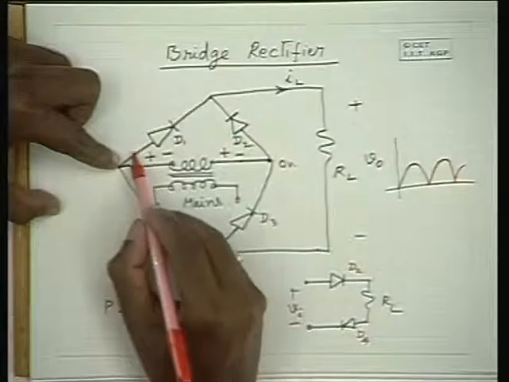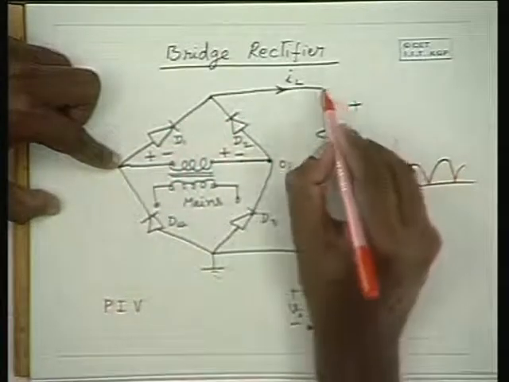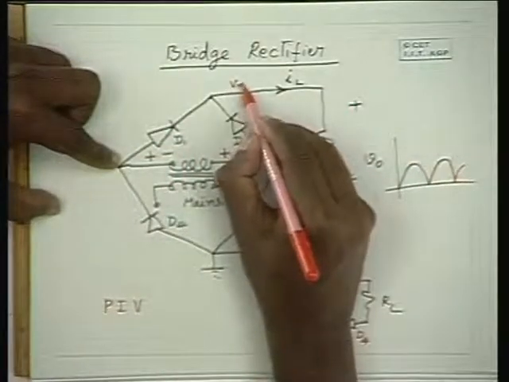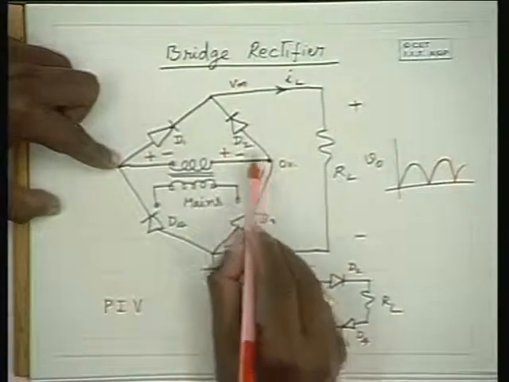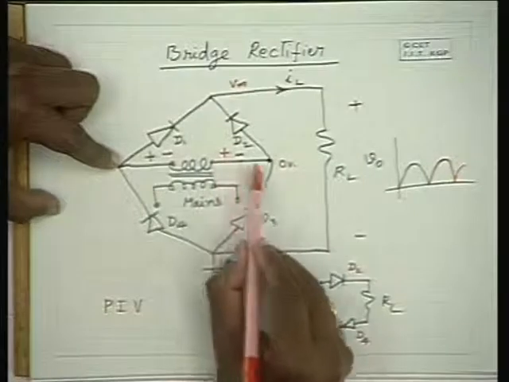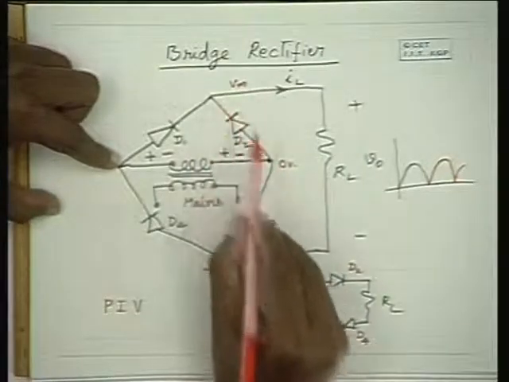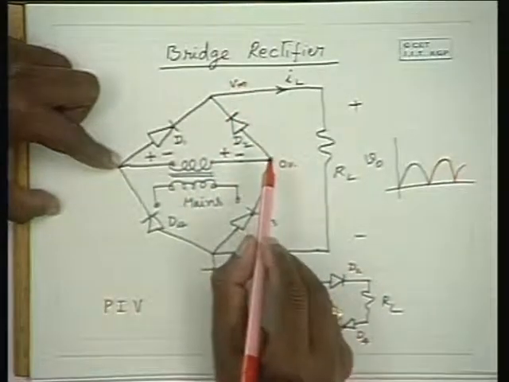So this is Vm, and with ideal diode D1, this is Vm, right? Therefore, what is the inverse voltage across D2 now? This is 0, this is Vm, the peak inverse voltage is Vm.